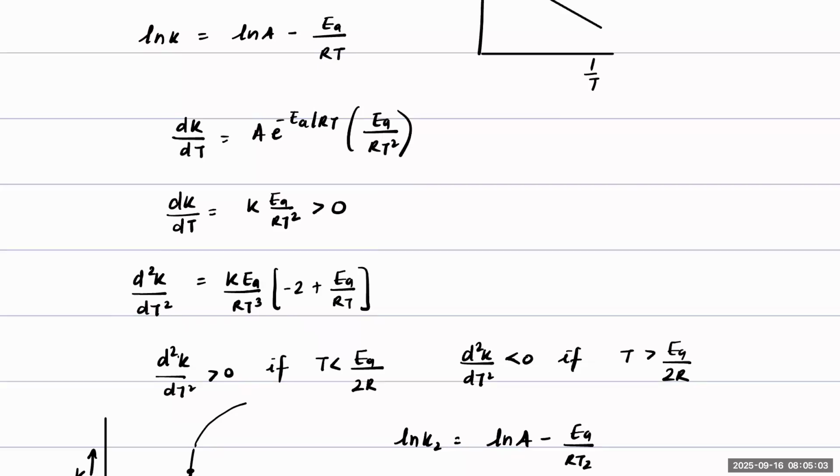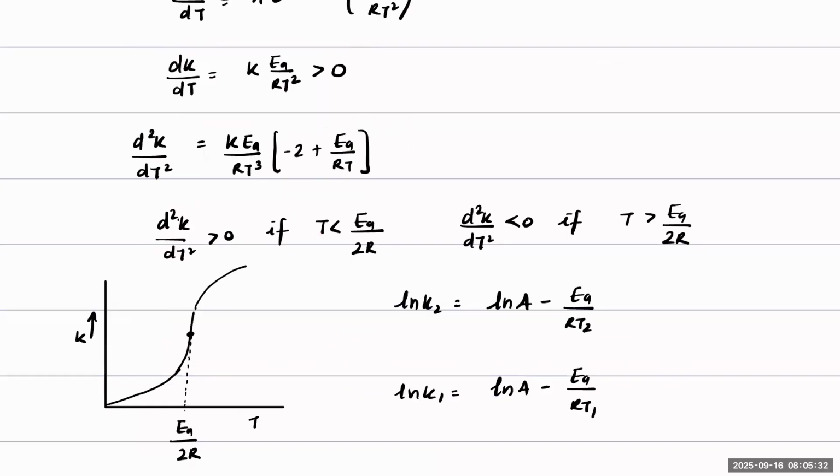If I differentiate it one more time, I'm getting k EA by RT cubed, and this is coming out to be minus 2 plus EA by RT. Now here is the interesting part: this might be positive or this might be negative. That depends upon EA by 2R versus T. So if temperature is less than EA by 2R, it is positive.